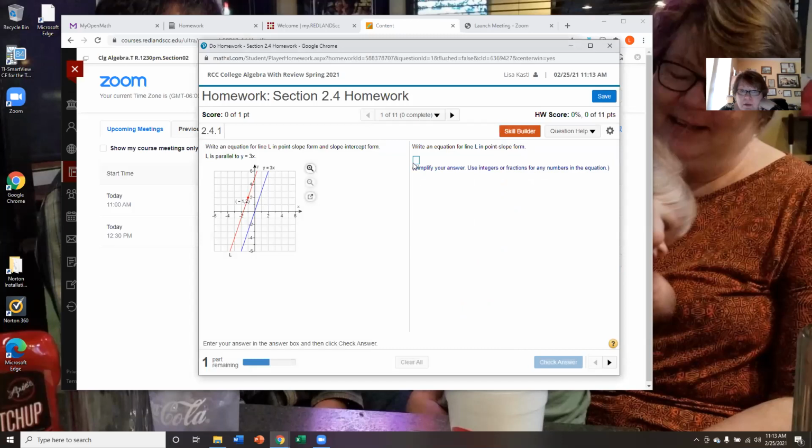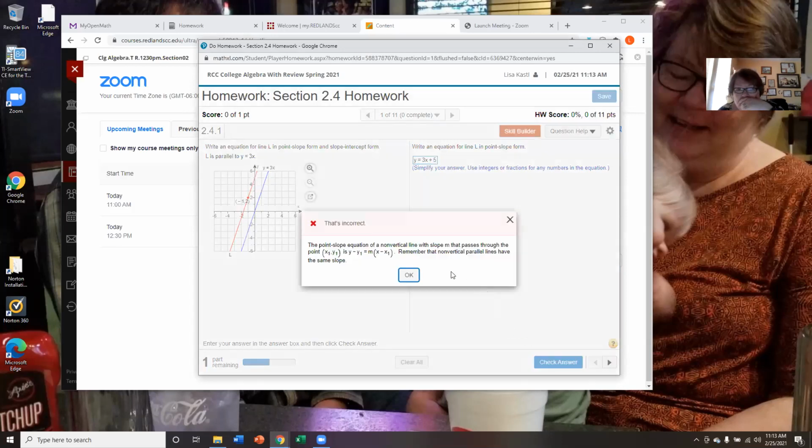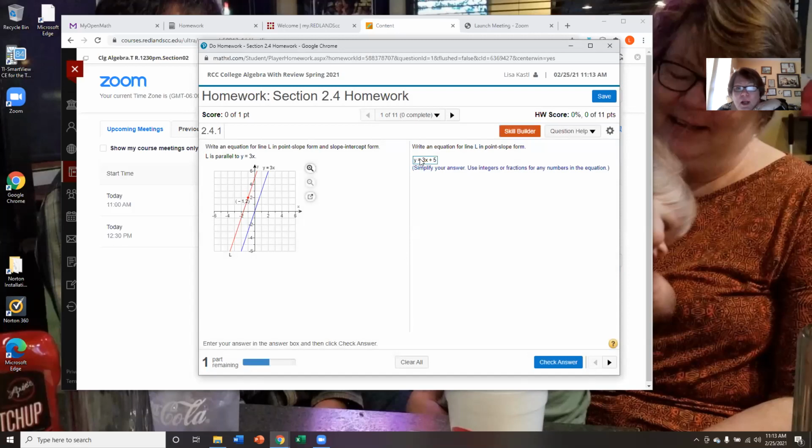Got it correct. So write the equation for that line in point slope form. So y equals 3x plus 5. Oh, what did I do wrong? Oh, I was supposed to put slope intercept form in there. I'm supposed to put point slope form in there.